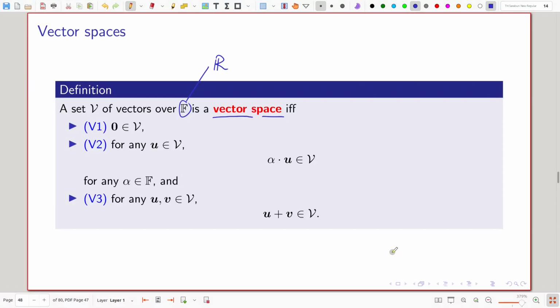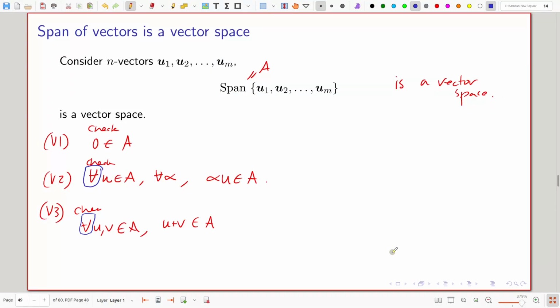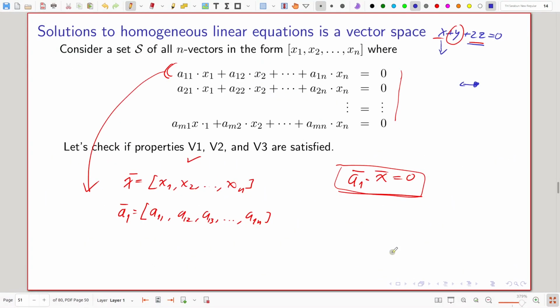Currently, there are two types of things that we know are vector spaces. One is a span: you take a set of vectors and take the span of it, and it's a vector space. The other is the solution set of a system of homogeneous linear equations. Homogeneous linear equations are those with right-hand constant 0.